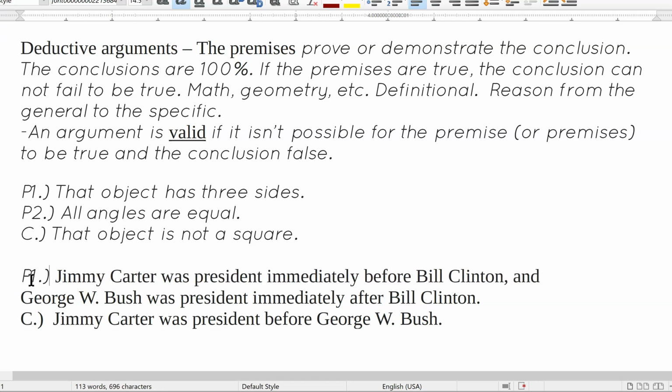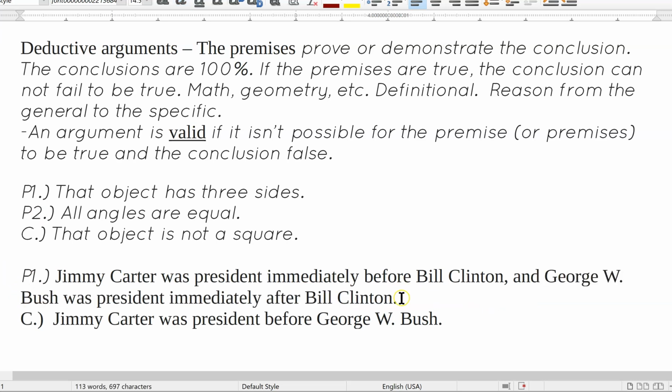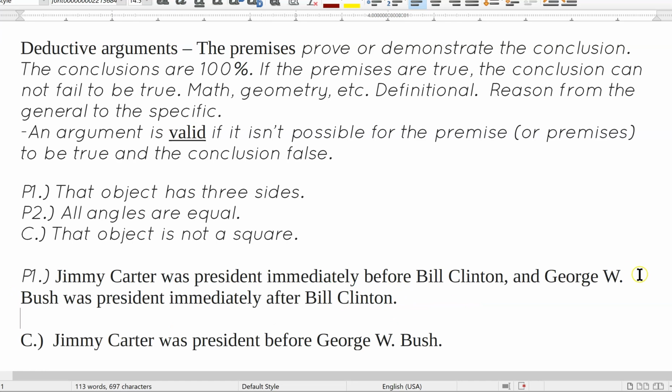Okay, I'm going to put a little space between them. Okay, so let's look at what's going on here. Jimmy Carter was president immediately before Bill Clinton, and George W. Bush was president immediately after Bill Clinton. Therefore, Jimmy Carter was president before George W. Bush. All right.